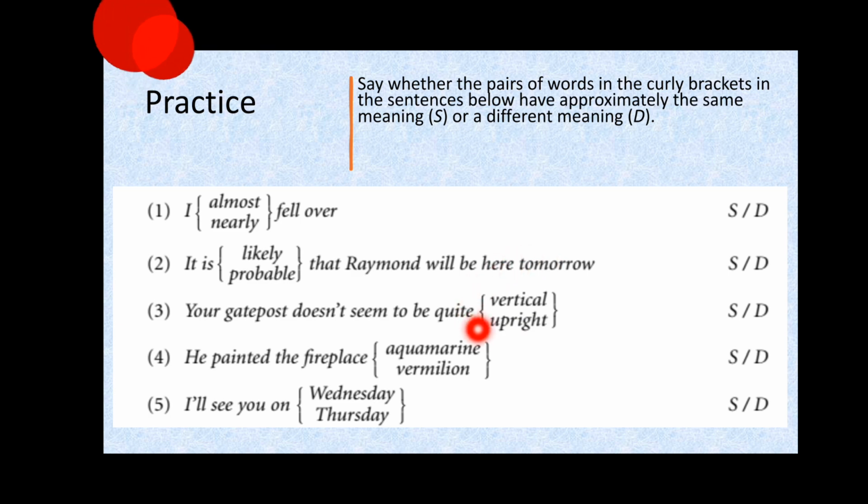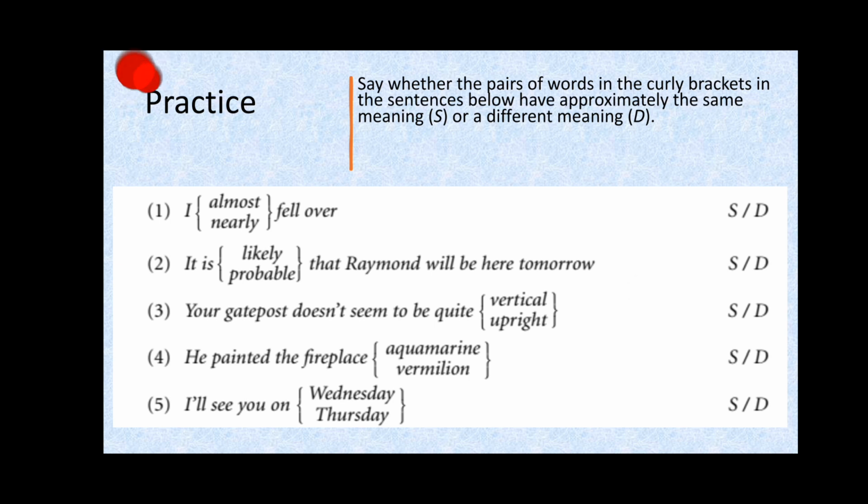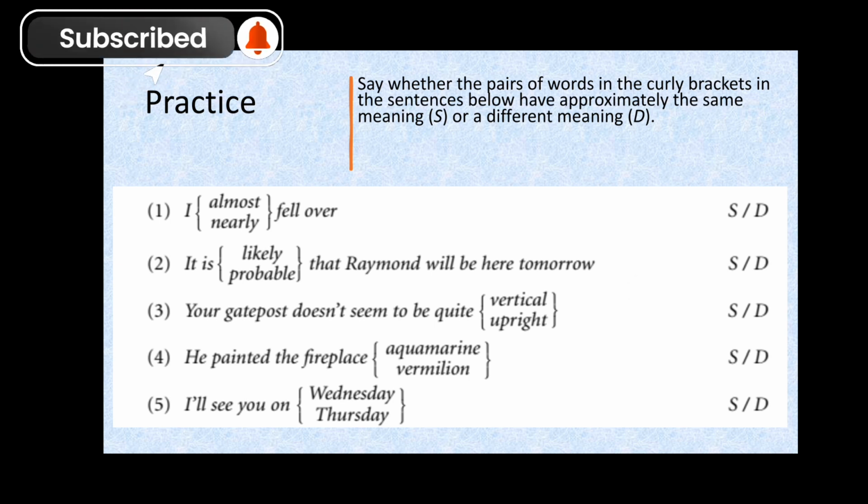And if you say that vertical and upright have the same meaning, then your answer is correct. So if somebody asks you what is meant by vertical, you can tell them that it means upright. Or if somebody asks what is meant by upright, you can tell them vertical. So we know the meaning of one word with other words that exist in the language. Fine.